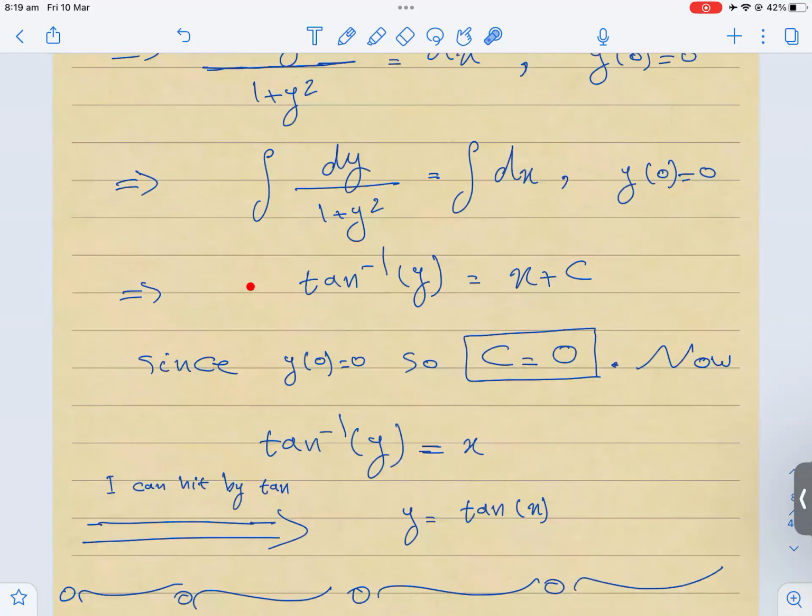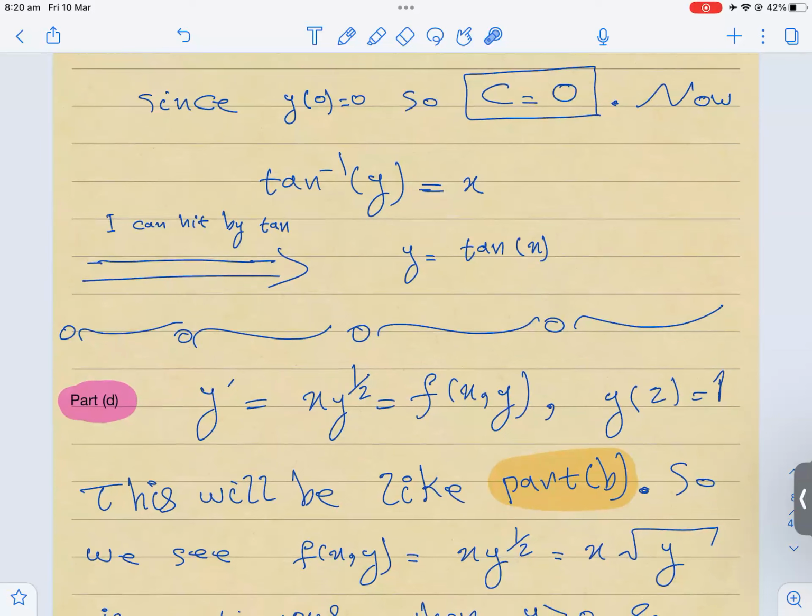When you hit by tan, you don't have to write plus k pi, because tan inverse of y is already one-to-one. But if it was tan of y and you hit by tan inverse, you would have to write plus k pi on the right hand side. So y equal tan of x, and before hitting tan, you should obtain c before this step. All right, so I used Picard's theorem.